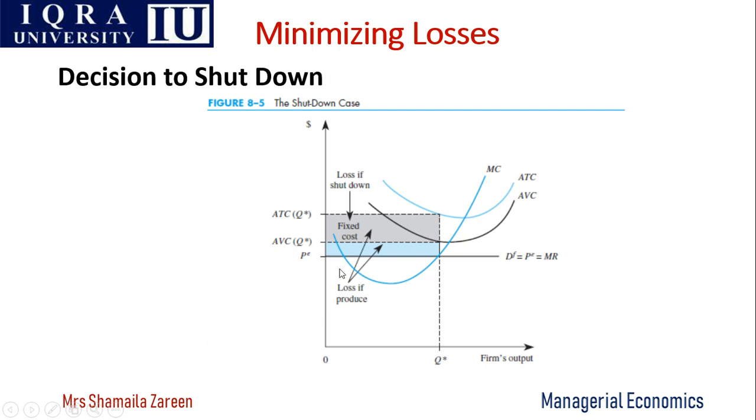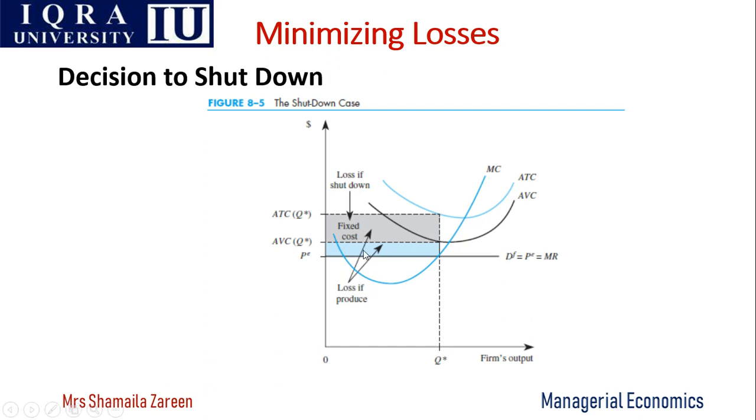So here they have drawn the marginal cost, they have drawn the equilibrium, and from the equilibrium line, they have touched the average variable cost and the average total cost. And in this case, losses would equal its fixed cost, that is, those costs that must be paid even if no output is produced.